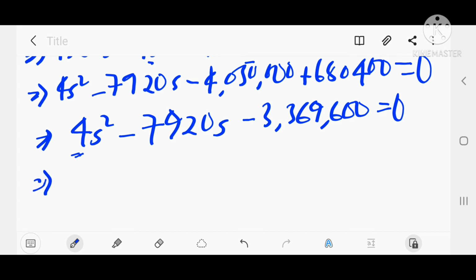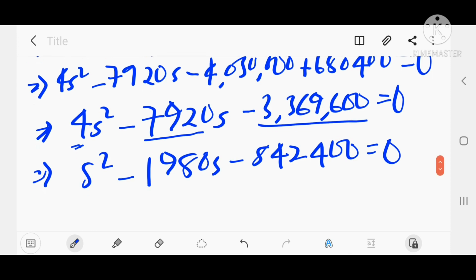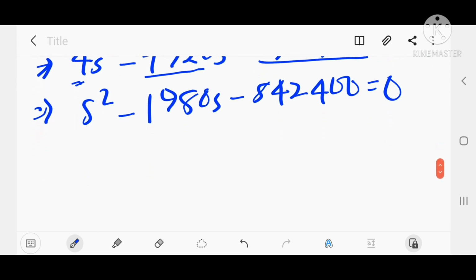We divide through by 4, we have s squared minus 1980s, minus 842,400 equals 0. Trying to get the two pair factors that go into this will be somehow complicated.